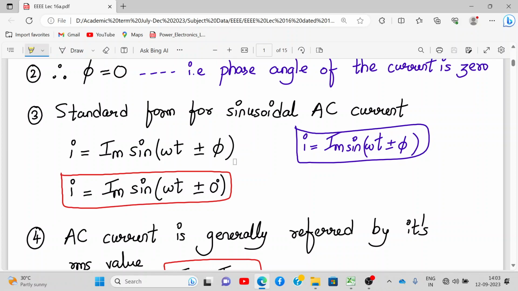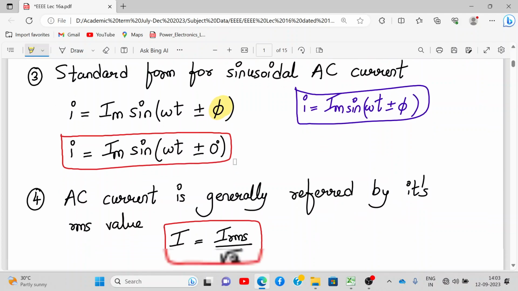It is Im sine omega t plus or minus phi, where phi is the phase angle. So far, I have not talked about it, but right now we are introducing this. So for our case, it is Im sine omega t plus or minus 0 degree. So that is same as Im sine omega t. Did you get it? So whenever there is a phase difference, that angle will come in place of phi.